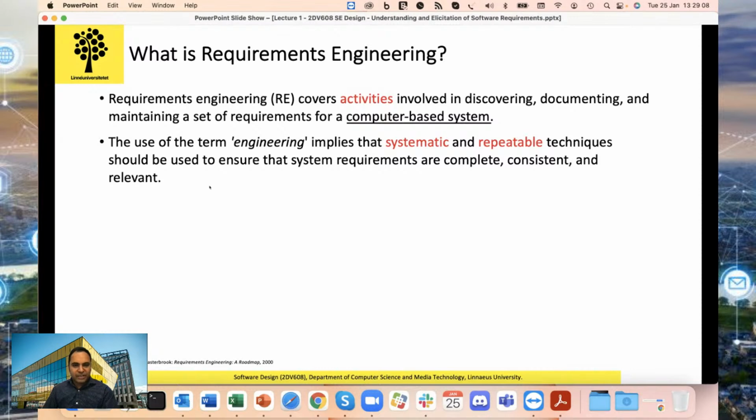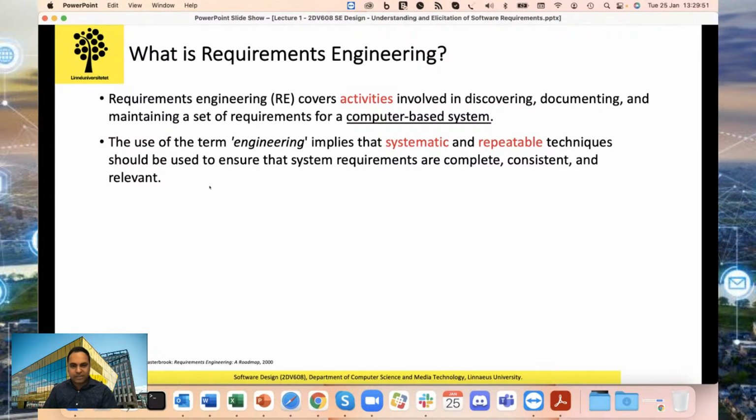We call this engineering when any activity or process is systematic and repeatable. So if we specify requirements using requirements engineering techniques, any developers or testers who read those requirements will understand them in the same way. That means any developers who implement those requirements will also implement them in the same way.